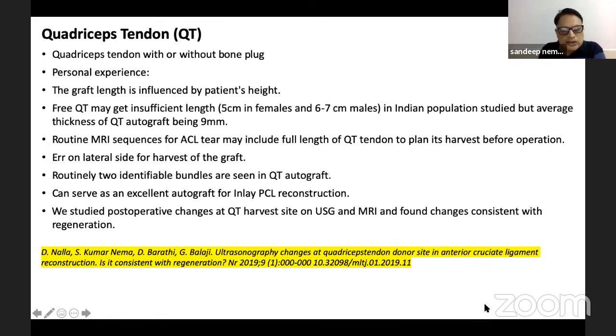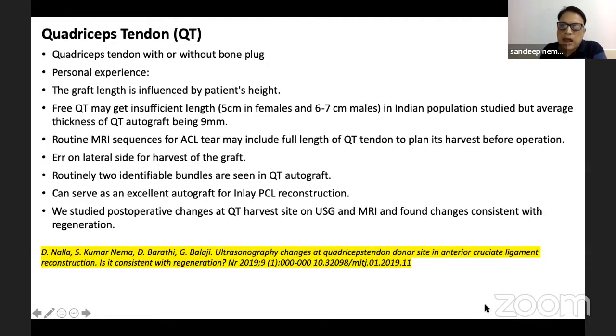Because of the thickness of this graft, unlike the bone patellar tendon bone graft, which has also been recommended but not used much for PCL reconstruction, and compared to the four-stranded semitendinosus graft where you may have length issues, compared to these two, you will have a uniform thickness and uniform length of this graft.